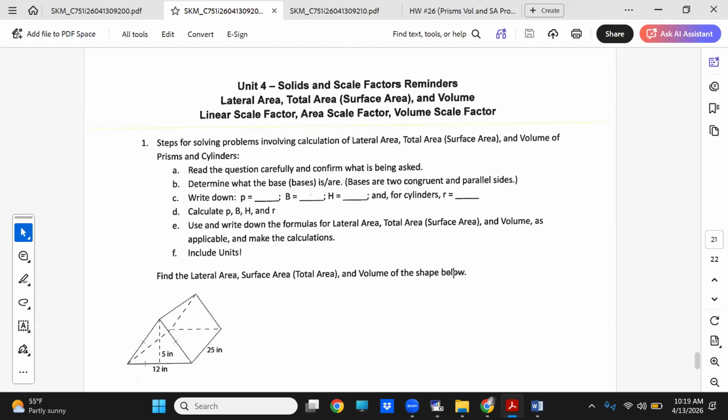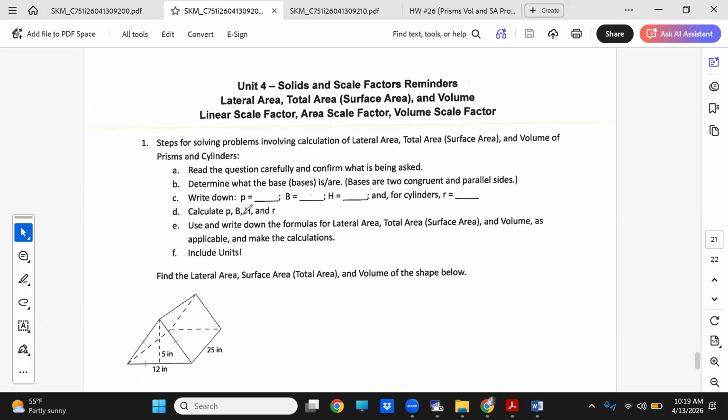Very important. Write down what's happening: the perimeter, the base, the height, and the radius, right? There's nothing putting these blanks here. That's just for you to mentally tell yourself, oh yeah, I gotta figure out what these are, right? So you need to write down what those are, calculate them, whatever calculations you have to do.